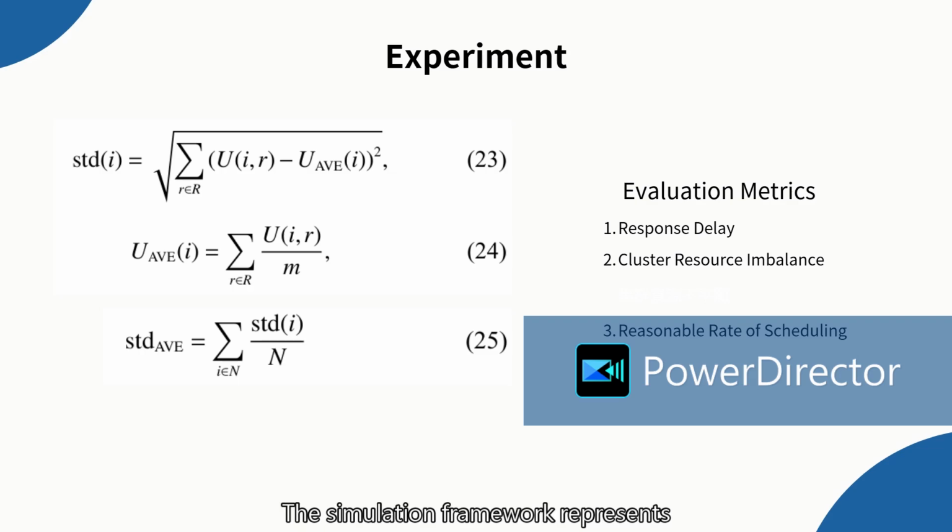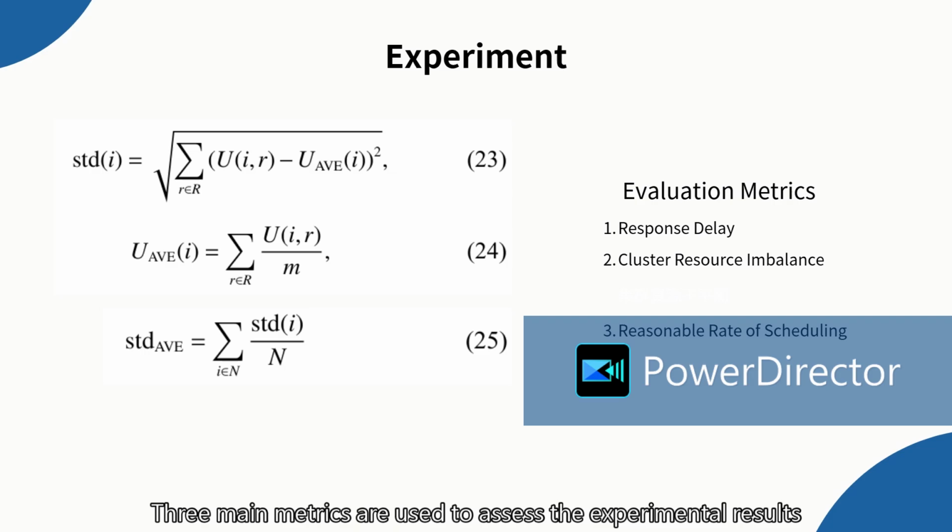The simulation framework represents a Kubernetes edge cloud with 50 nodes to reflect real-world diversity. The experiment considers types of resource demands, each corresponding to a pod type. These types focus on CPU usage, memory usage, network bandwidth usage, storage usage, and a balanced resource distribution.